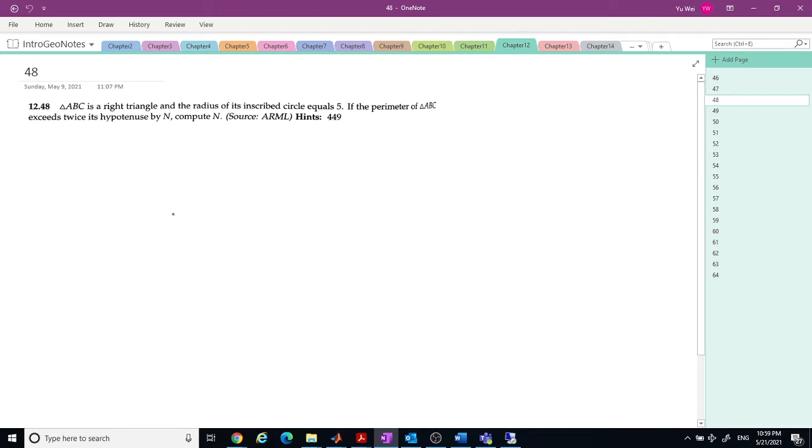Next is ABC is a right triangle. Okay, so we have ABC. Let's see, this is the right triangle. Then we have the inradius, the incircle.